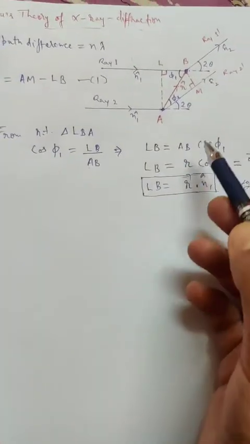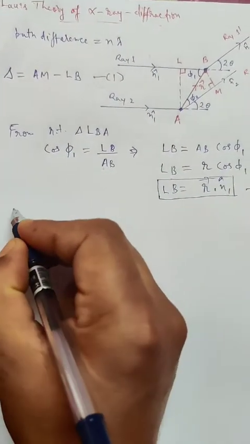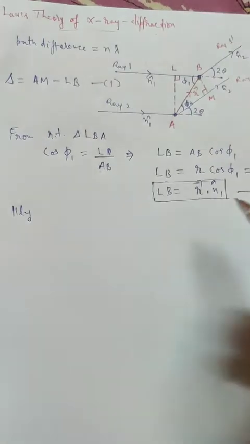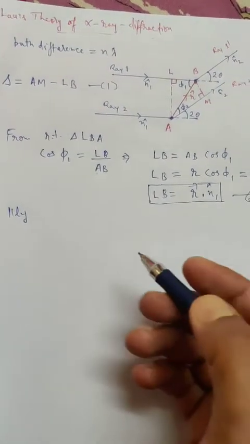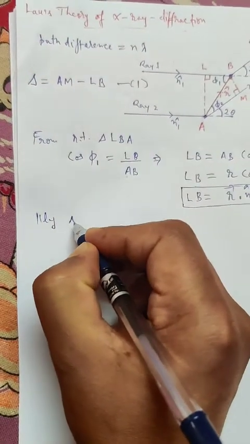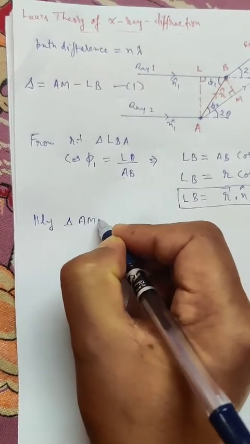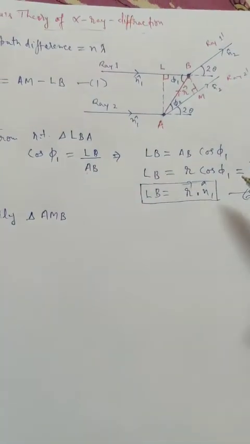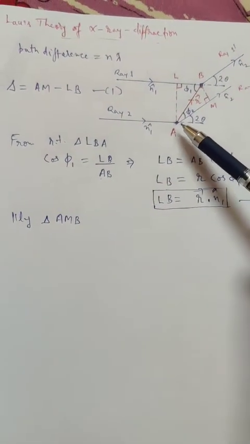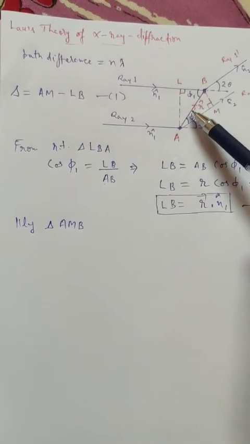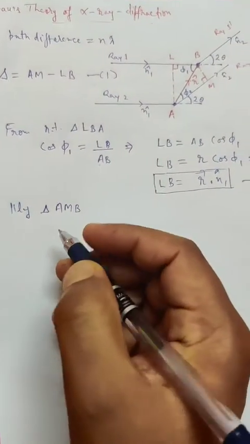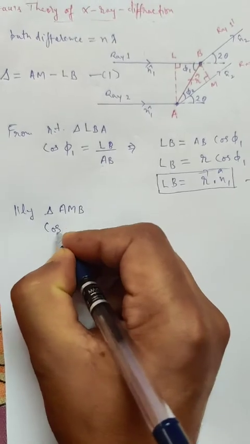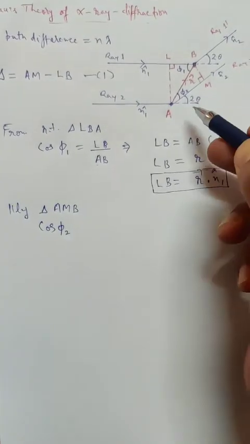Now we have to find AM. Similarly, from triangle AMB, this is the base, this is the perpendicular, this is the hypotenuse. So cos phi 2, here the angle is phi 2.